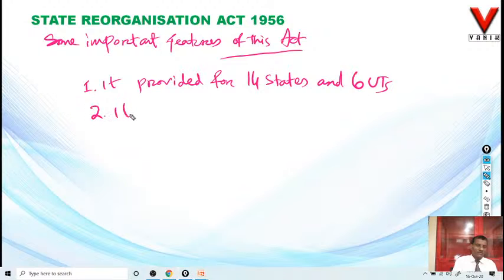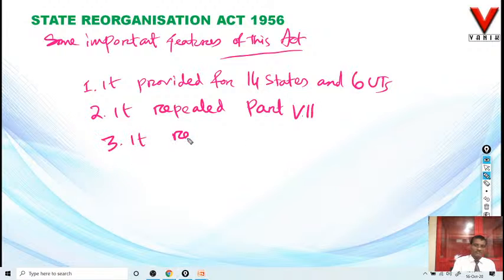Number two, it abolished or repealed Part VII, that contained Part B states. Number three, it also repealed Part IX. Part IX was later added by the 73rd Amendment Act, and it now contains the Panchayati Raj.